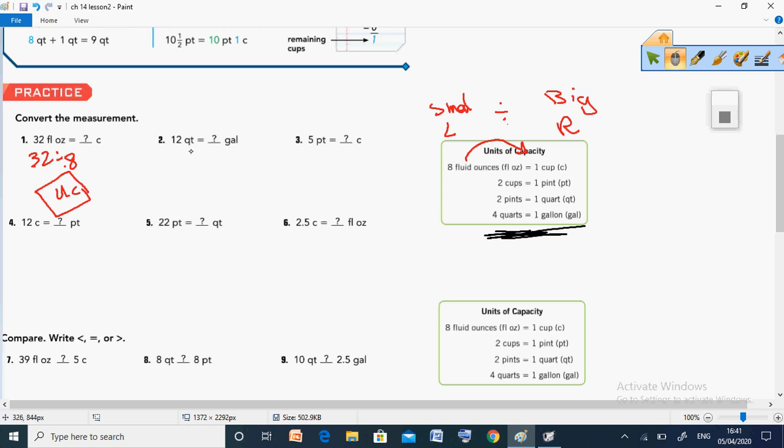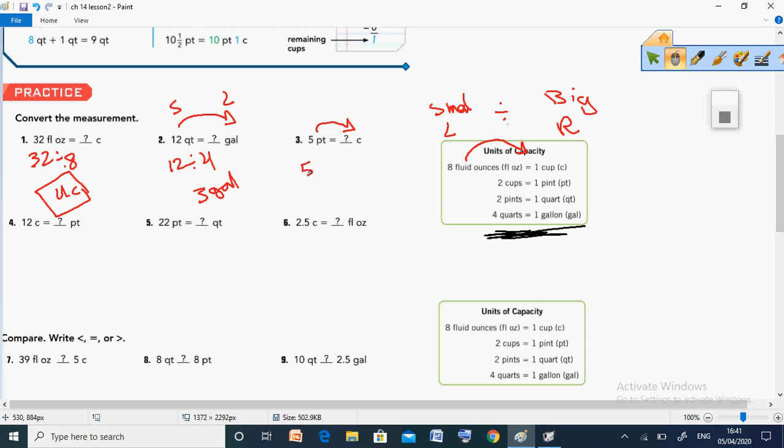Look here, I have 12 quarts to gallon. Again, I am converting from smaller to larger, so I will divide 12 by 4. I will get 3 gallons. Again here, 5 pints to cups. From pints to cups, from larger to smaller, we have to multiply because pint is greater than cup.